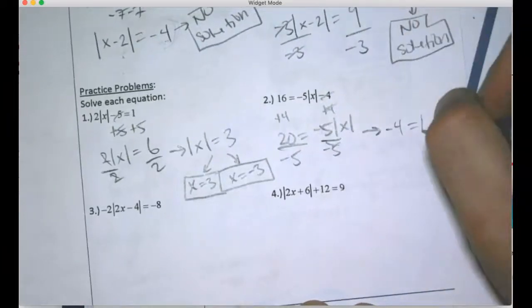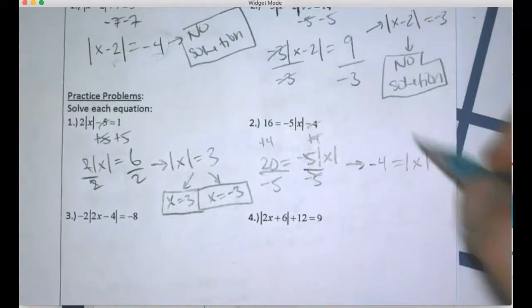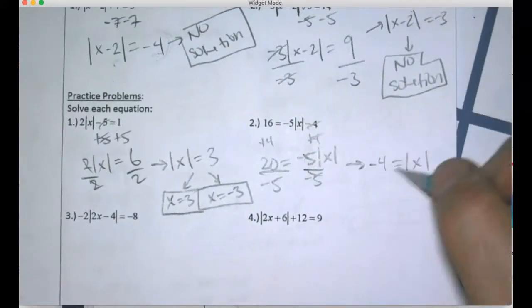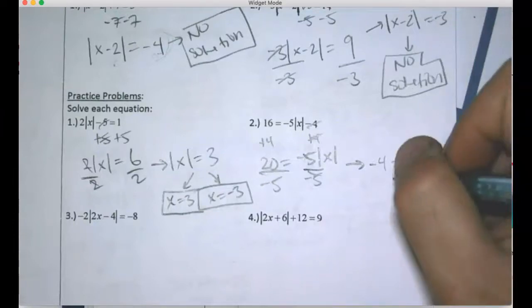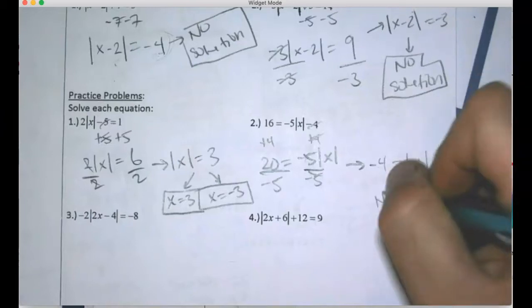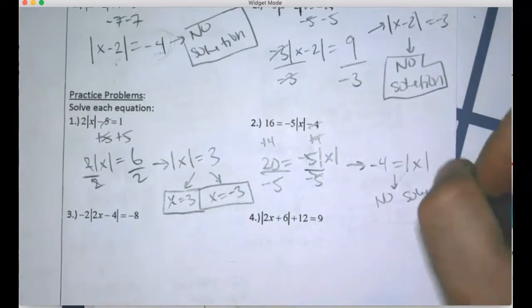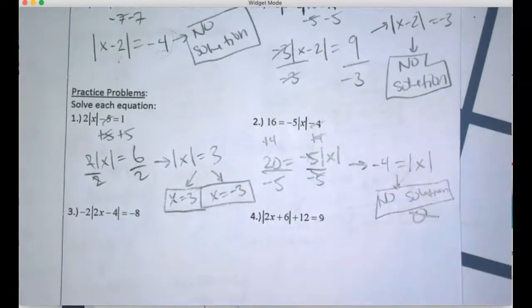So I do have my absolute value isolated, but what's wrong with this? Hopefully you see that your absolute value of x is equal to a negative number. Remember, your absolute value cannot equal a negative number, so no solution. Don't forget, for no solution, you can also write that.